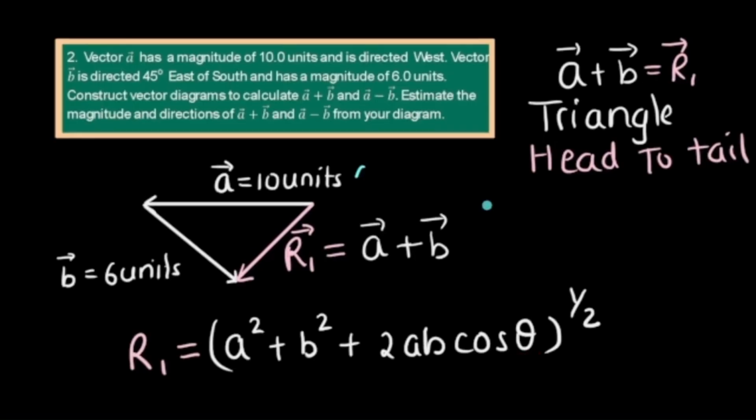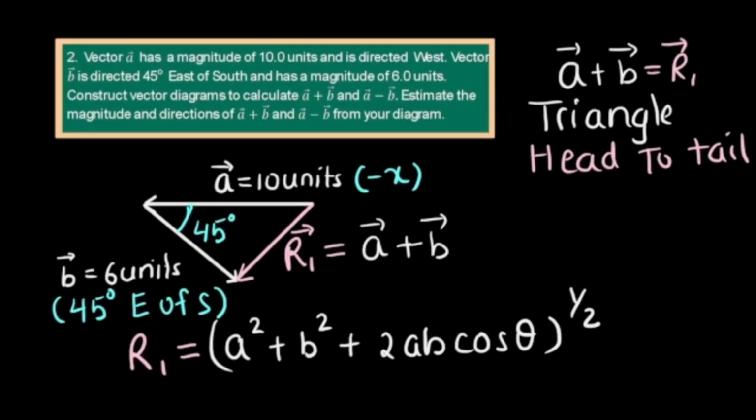We know that vector A is along the negative x-axis. And we know that vector B is 45 degrees east of south. That tells us the angle that vector B is making with the x-axis is 45 degrees.